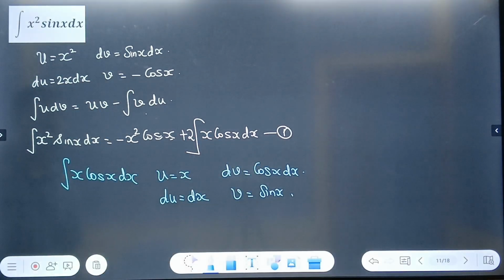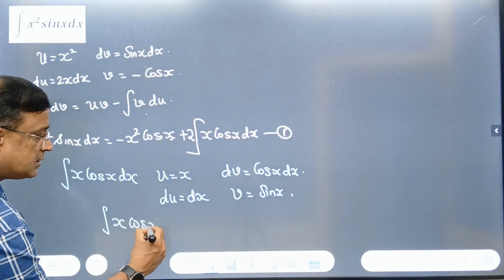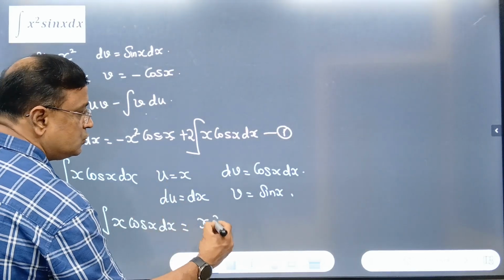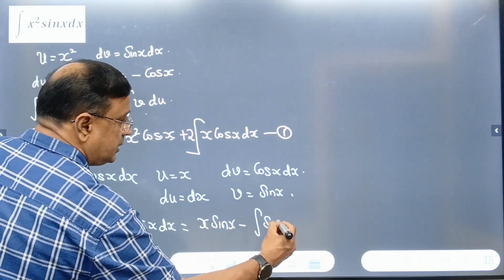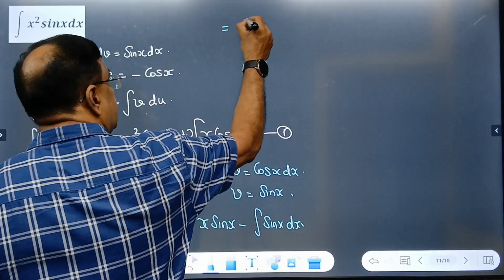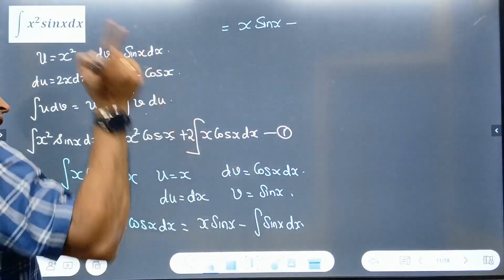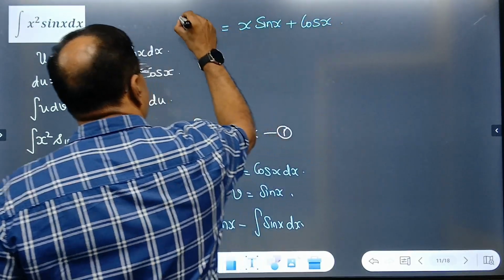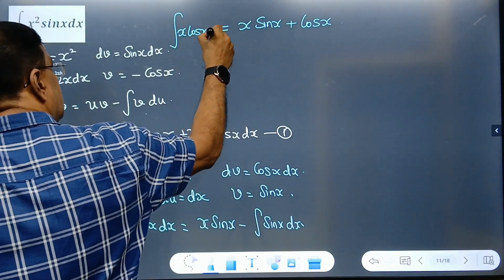Now integration by parts. x cos x dx equal to uv, that is x sin x, minus integral sin x dx. So this will be x sin x minus integration of sin x is minus cos x. So minus of minus becomes plus cos x. This is x cos x dx.